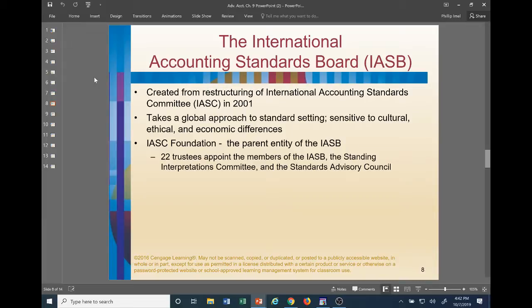The 22 trustees come from a variety of countries and have diverse professional backgrounds. Of those, 6 are from North America, 6 from Europe, 6 from Asia and the Oceania region, and 4 from any area, being sensitive to geographical balance.